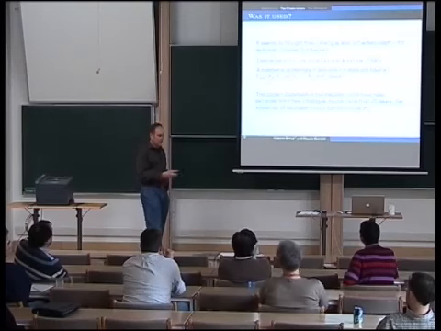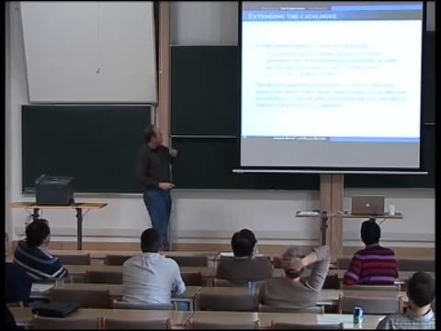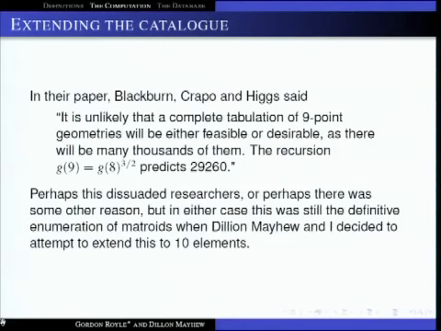That's right. Okay, so in their paper, Blackburn, Crapo, and Higgs said it's unlikely that 9-element geometries will ever, they call them geometries, be either feasible or desirable. So there'll be many thousands, and they used a sort of crude recursion that's known to be much too small and predicted 29,260.